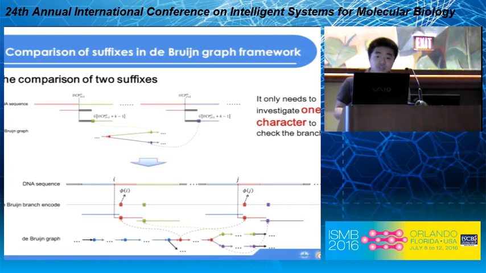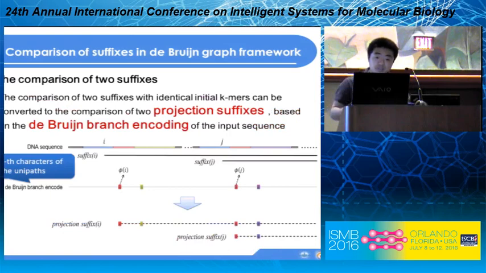And if they go to different branches, their order can be determined. Otherwise, it also does not need to consider the unipath, as it is the same again. So in one sentence, it needs only to compare one character for each of the unipaths. The characters to be compared are the branch characters of the unipaths along the unipath representation of the suffixes.